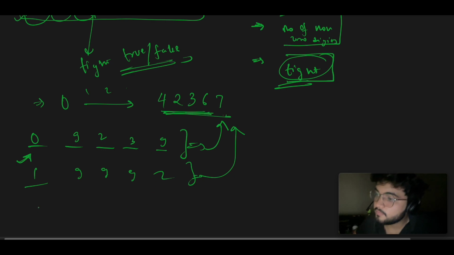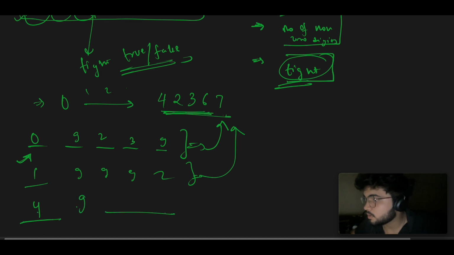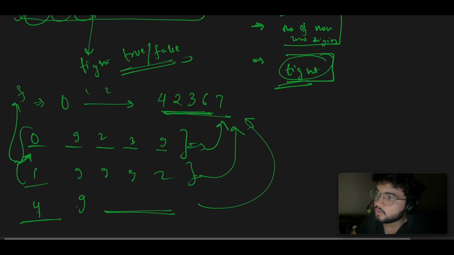But what if we have the starting digit as 4? Then we cannot have 9 here, right? Because 4 9 and whatever the rest of the number is, this will be greater than this. So for these two conditions, tight is false because we have numbers which are lesser than this, so we can have any number.